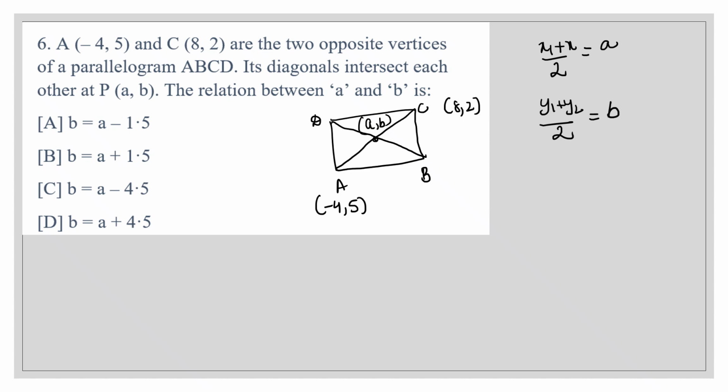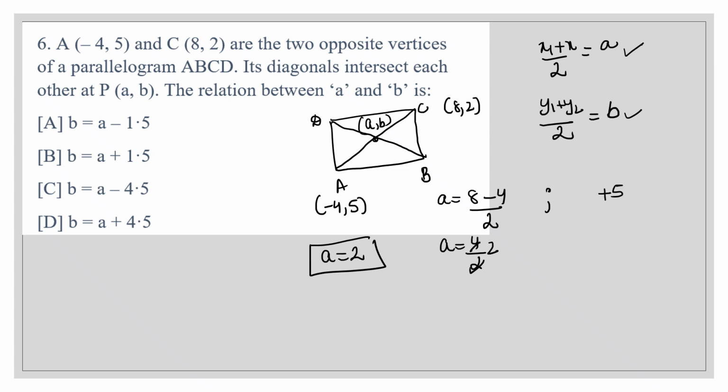So let's first find what a is using our standard formula. a is (8 plus (-4))/2, which is 4 upon 2, so a is 2. Find b. Similarly, b is (2 plus 5)/2, which is 7 by 2, 3.5. So b is 3.5.